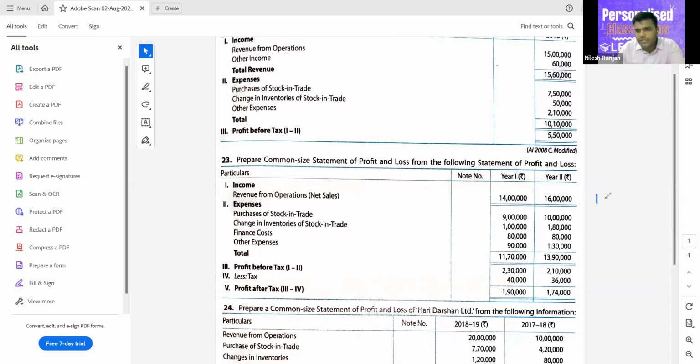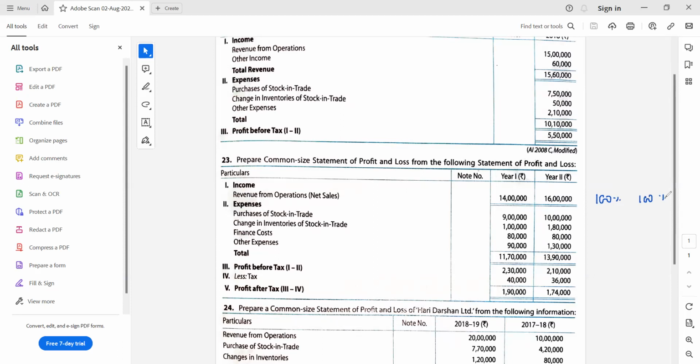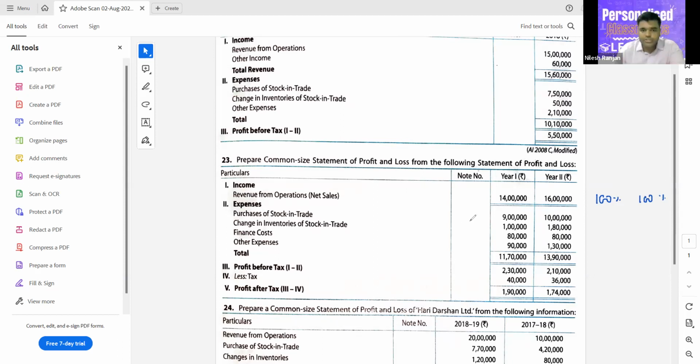So first, the base item in the statement of profit and loss is revenue from operation. So both of them is 100%. After that, the purchase of stock in trade. Actually, we have to do some calculation. Let us solve this question in OneNote.